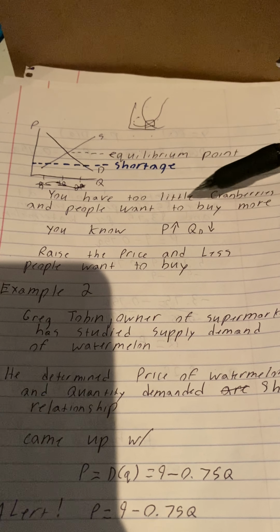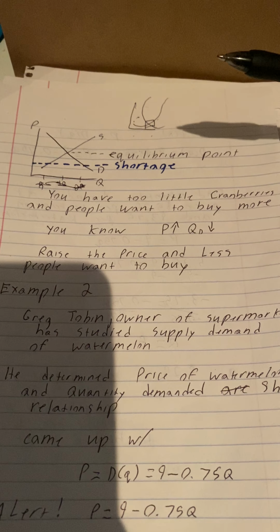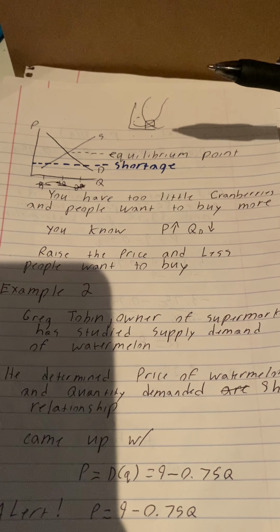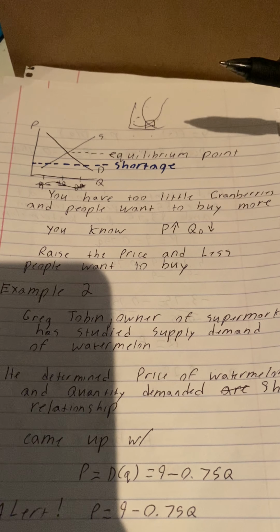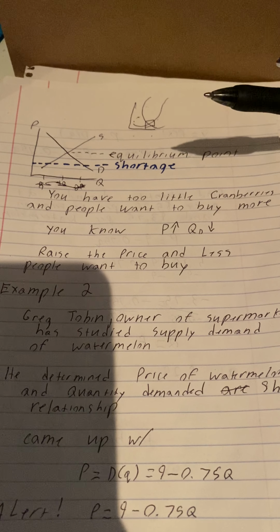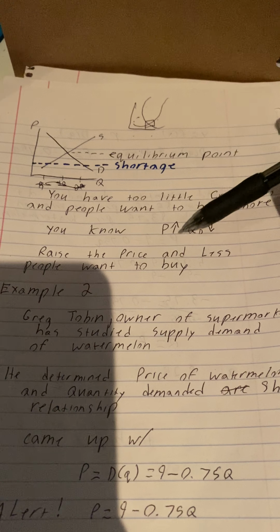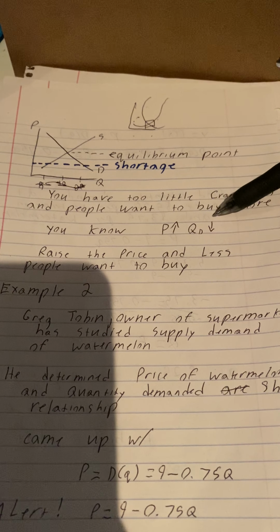You have too few cranberries and people want to buy more. Let's say it's Thanksgiving and you really underestimated the number of people who want to eat cranberries at Thanksgiving. So people want to buy more. So what do you know by the law of demand? Well, as the price goes up, quantity demanded goes down.